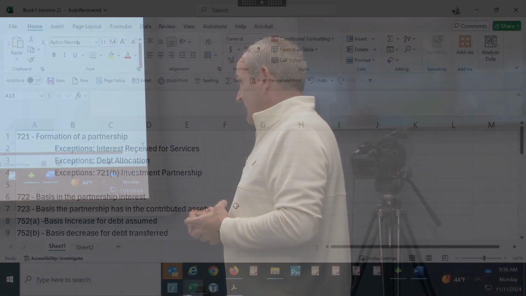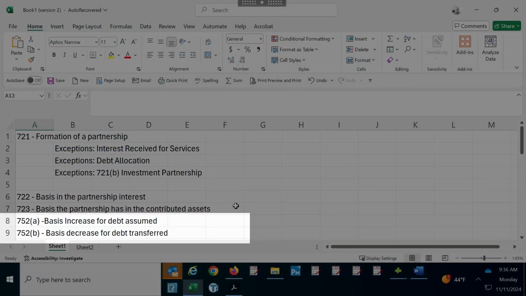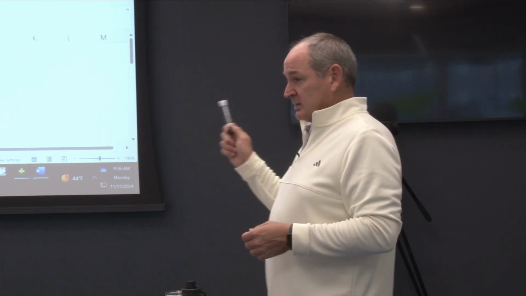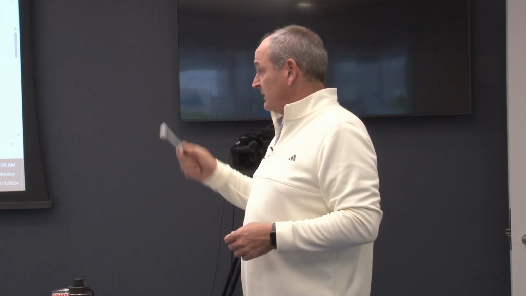So 752A says that debt assumed is a basis increase. Let me be more precise, because that is a bad description. What that description should say is 752 is a basis increase because it's a fictional contribution to capital.